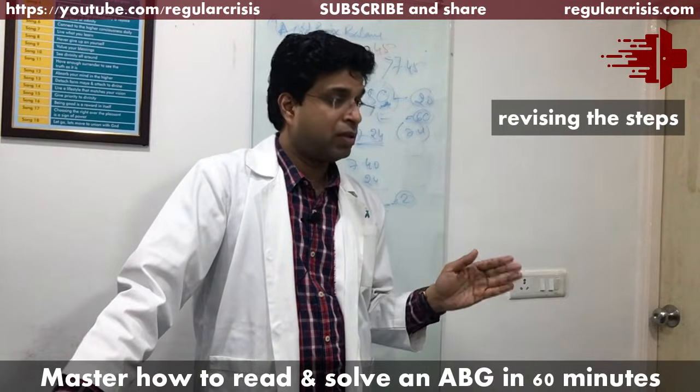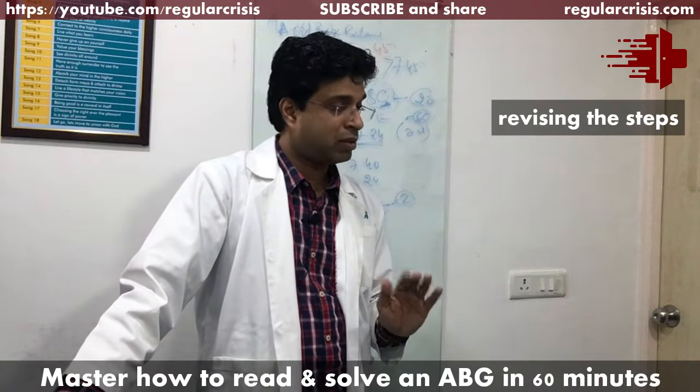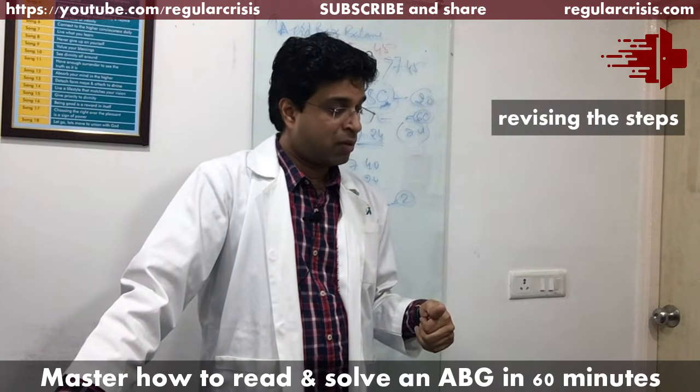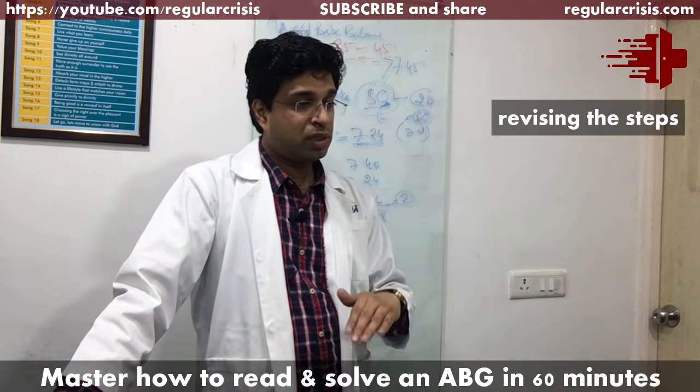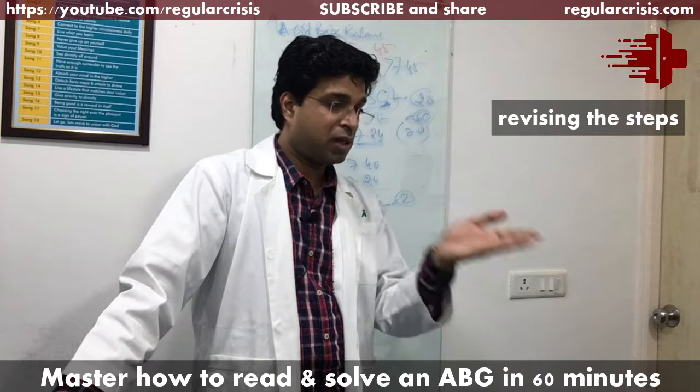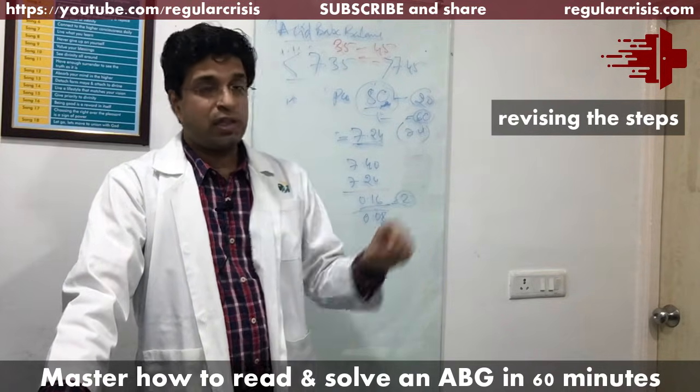Then in PCO2 level, always look at the pH, whether it's acute or chronic. When you come to the pH part, what is the primary disorder, what is the compensation; the metabolic pathway is different, the respiratory pathway is different. This way you will read an ABG.